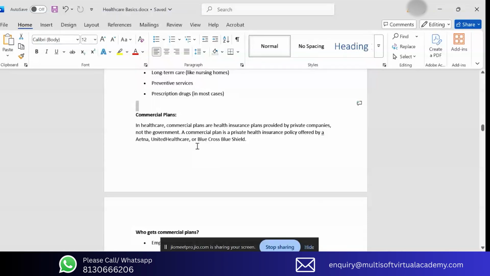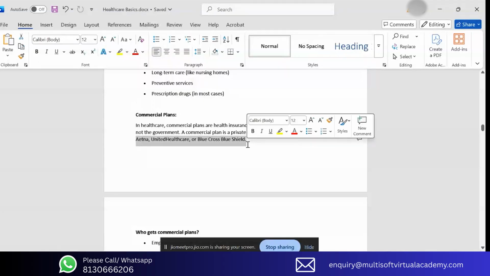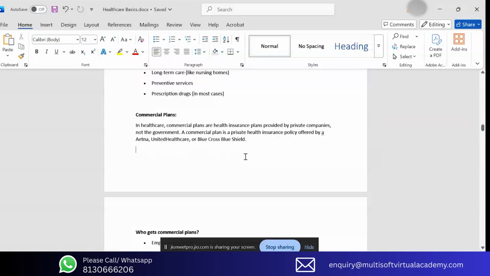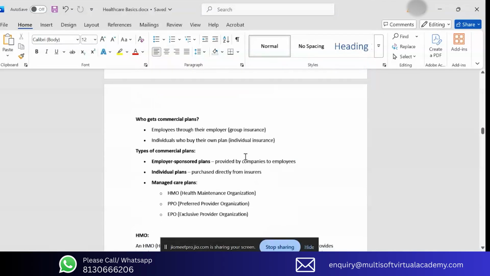They also come under the HIPAA Act, mostly Aetna, UHC, Blue Cross. These are some examples where commercial plans play an important role.